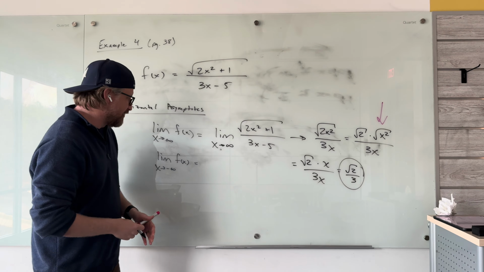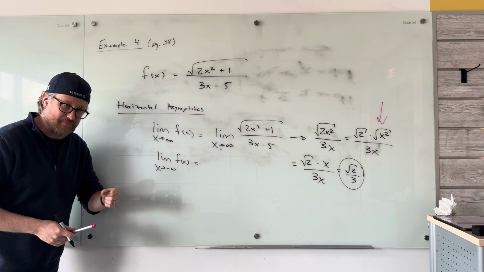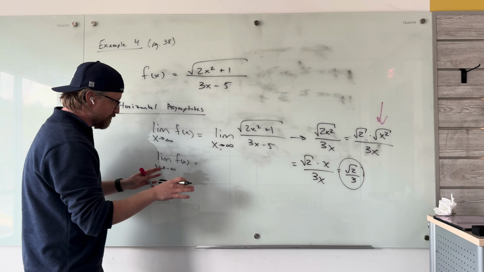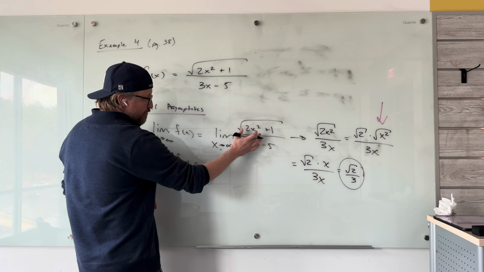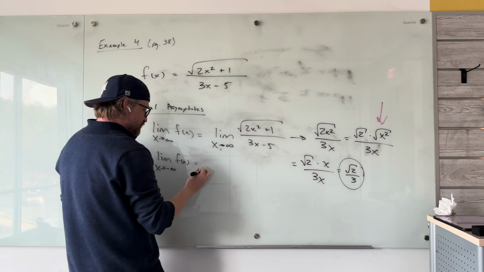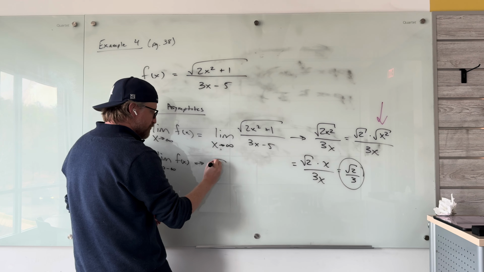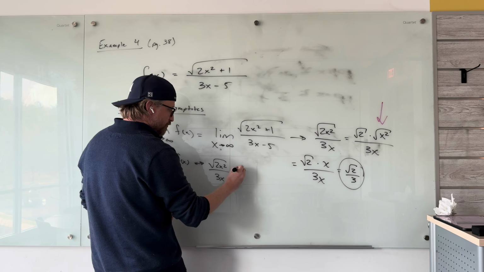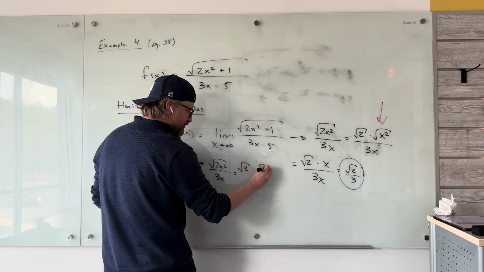But that's the horizontal asymptote for when x is going to infinity. If I want to let x go to negative infinity, we're doing the exact same thing, where I'm going to go through the same function, taking my dominant terms. So this is essentially going to take me to root 2x squared over 3x, or root 2 times root x squared.